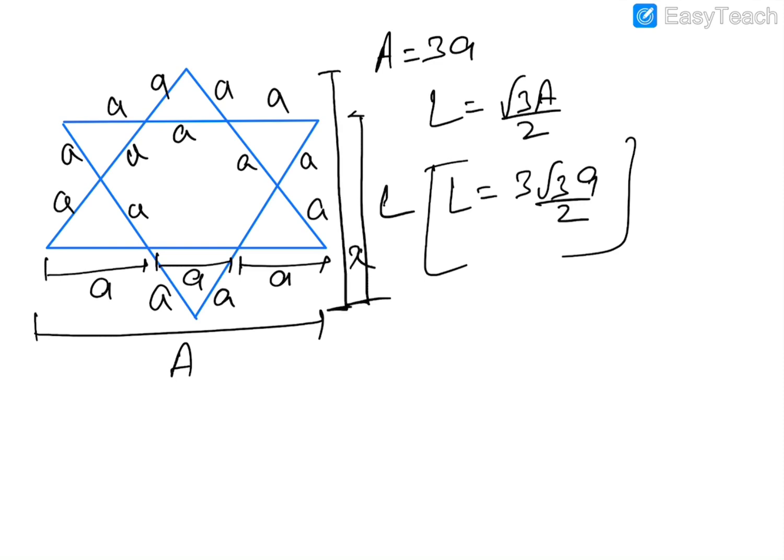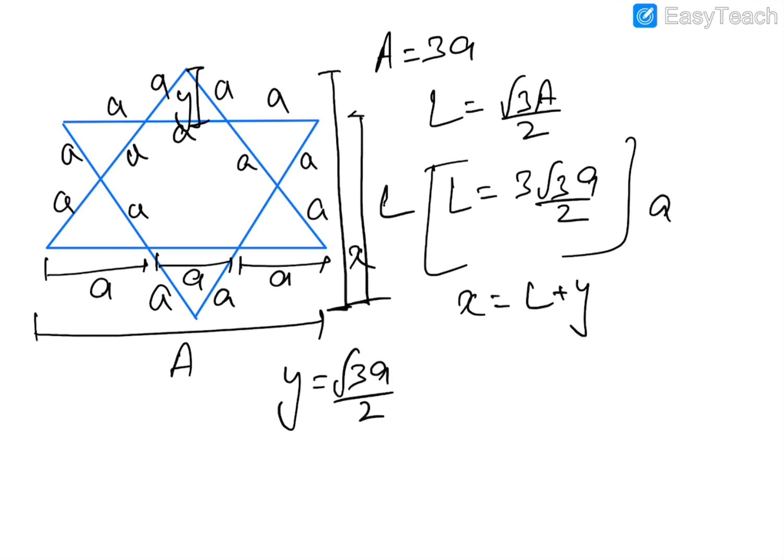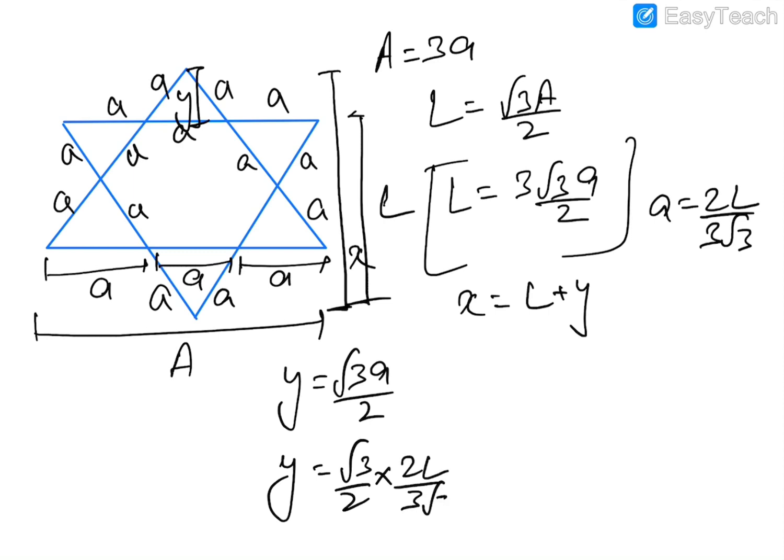Let us suppose that this is y, then x would be equal to L plus y, and y will be root 3 small a by 2, and small a is 2L by 3 root 3. So y will be equal to root 3 by 2 into 2L by 3 root 3. So this is L by 3. So x is equal to L plus L by 3, which is 4L by 3.